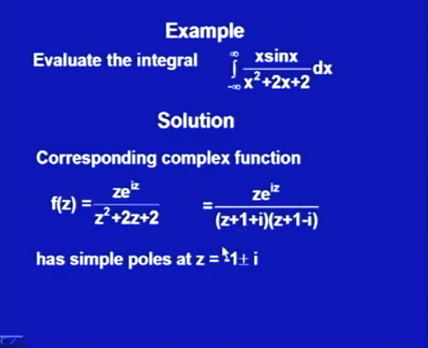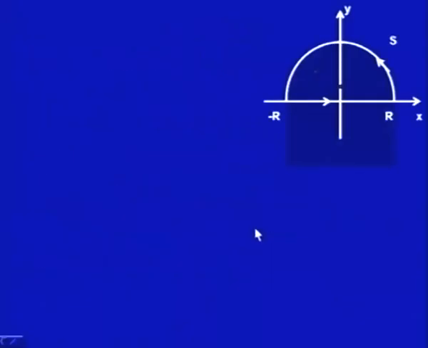The integral value would be 2 pi i times the sum of the residues at those simple poles. So let us try to apply it. This is the curve which I am taking, for which I would like to change my integral on this closed contour.